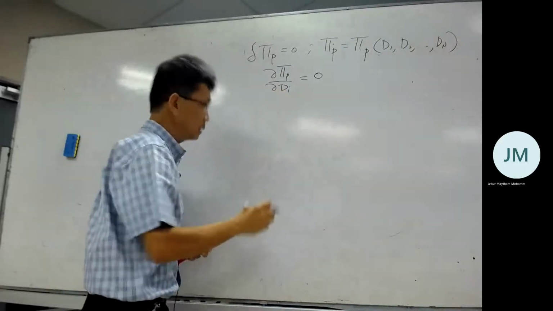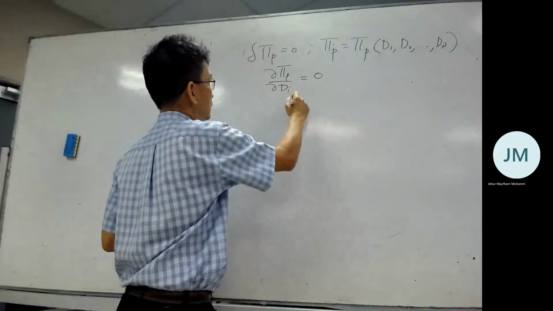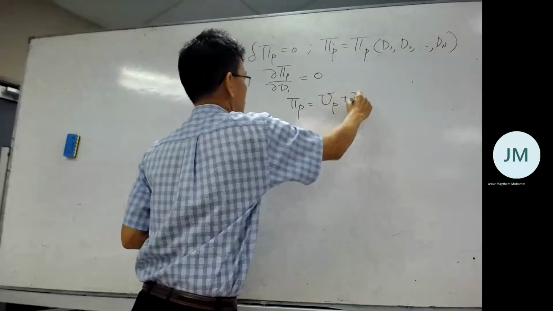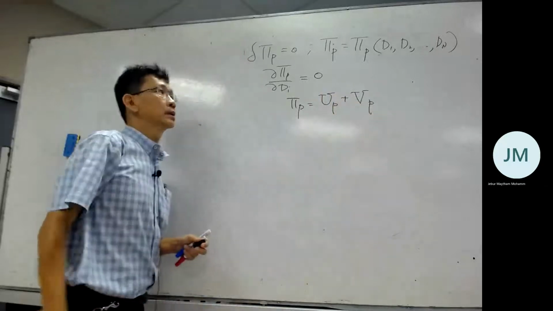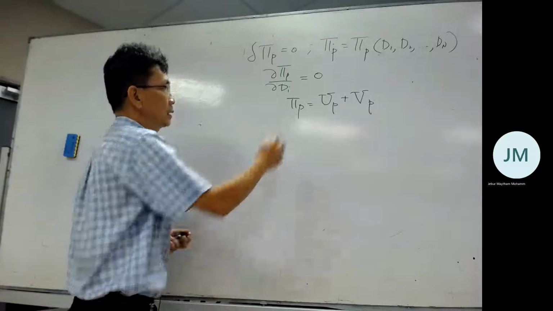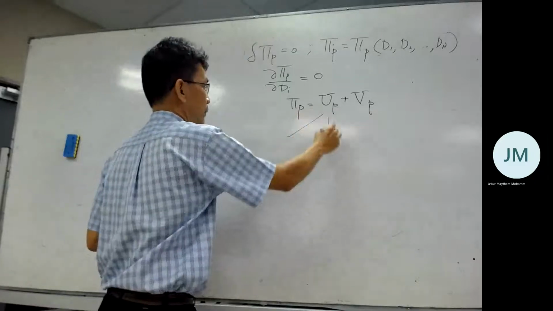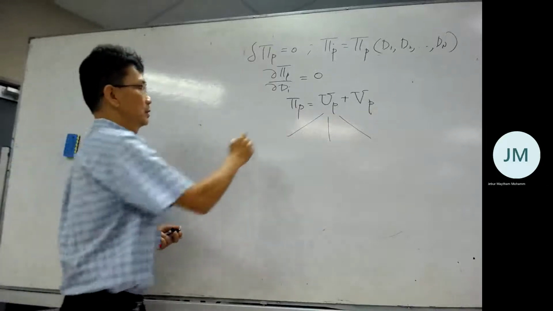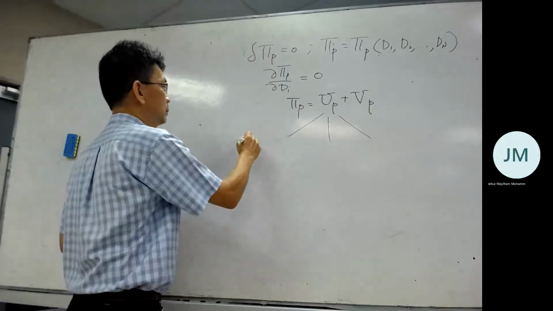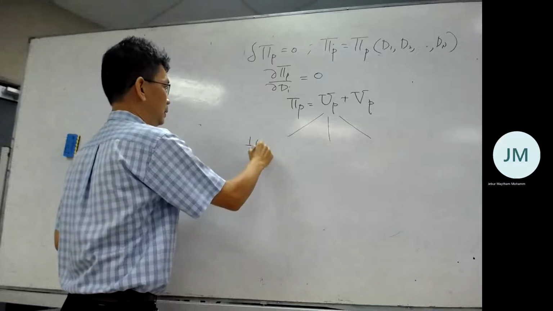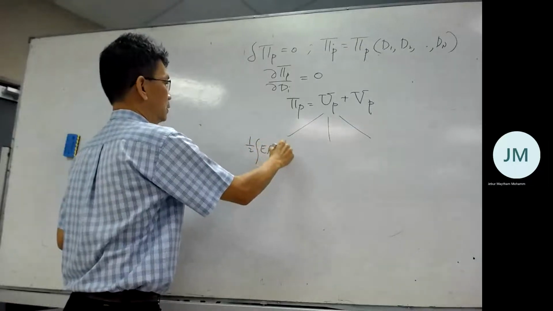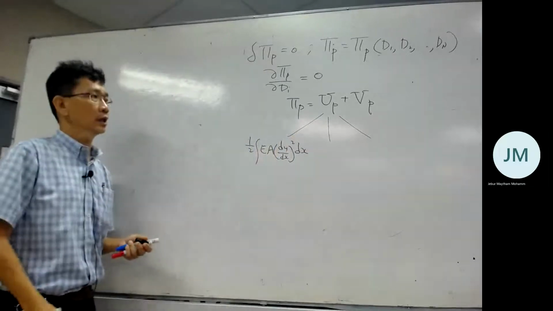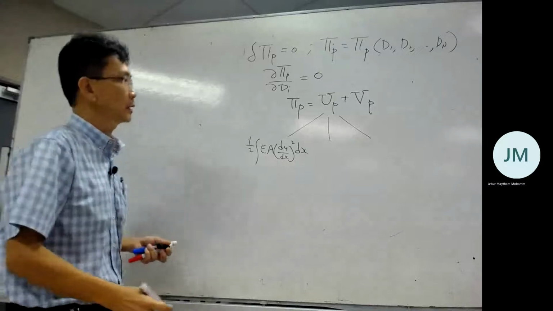And of course, this Pi P is equal to U P plus V P. And U P, we have seen for the case of axial deformations, U P is equal to half EA (du/dx) squared dx. This is for axial deformations.